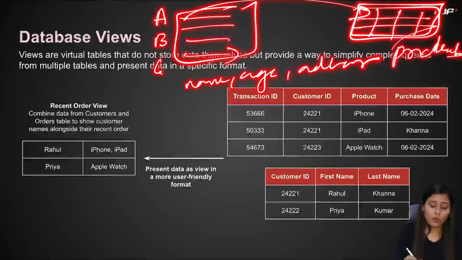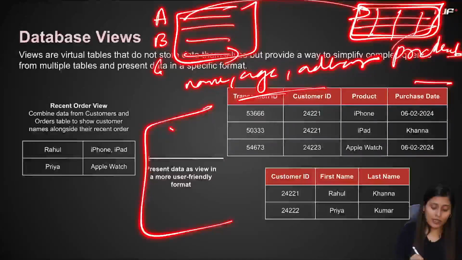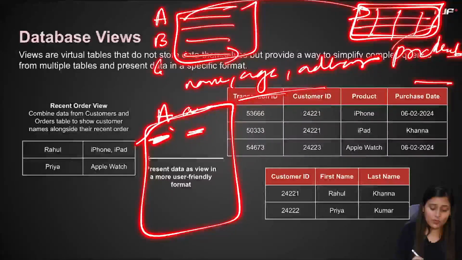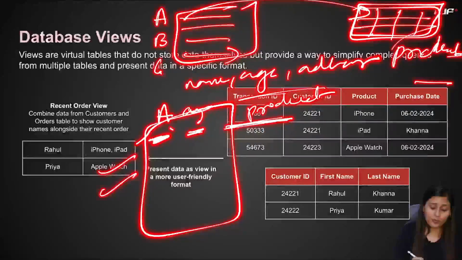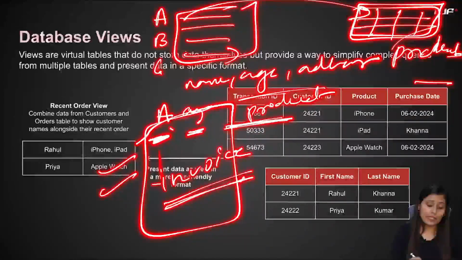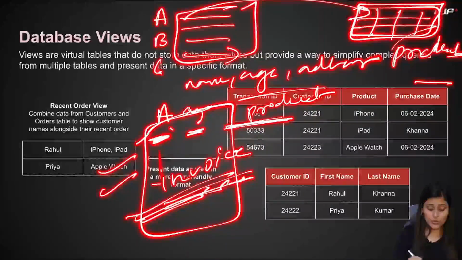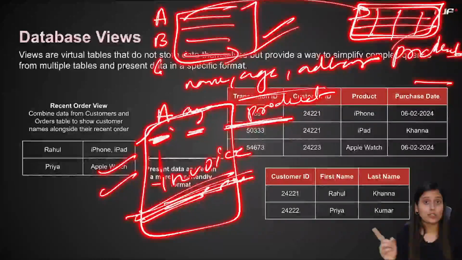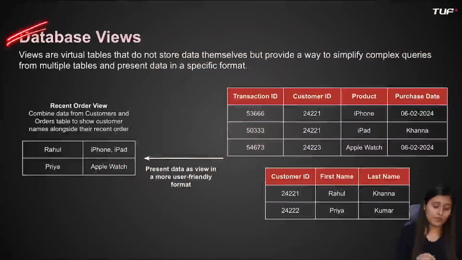But when we want to view those things on a page, we can see the name for every person and what products they bought. Take it as an invoice example. This invoice can be considered as a view. It does not actually store the data. The actual data storage is inside the physical storage. So that's what database views mean.